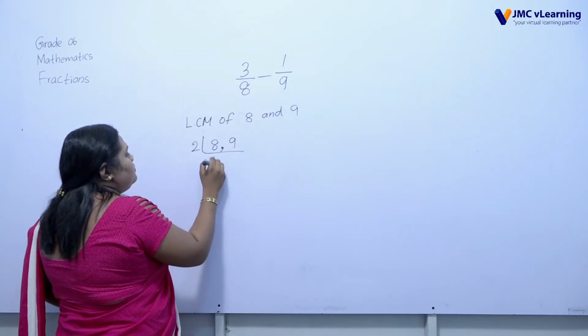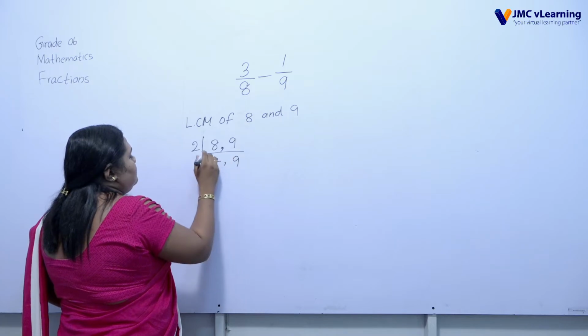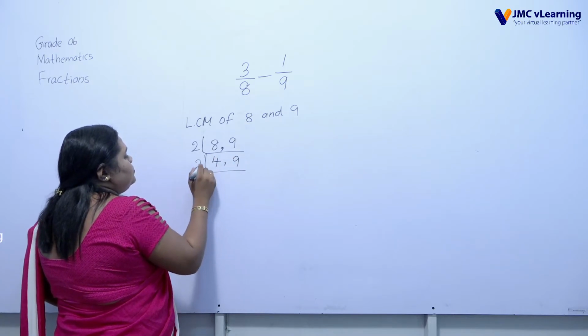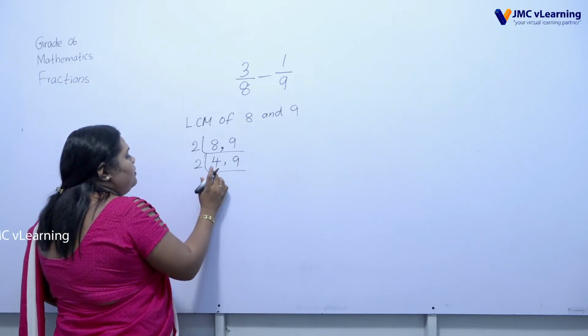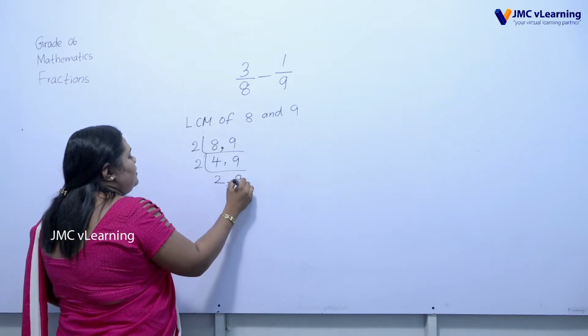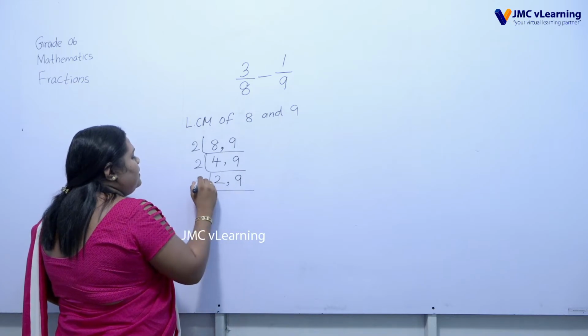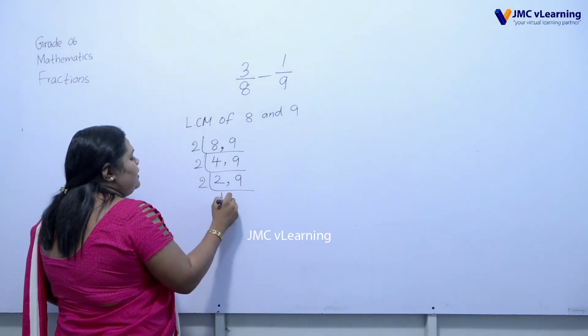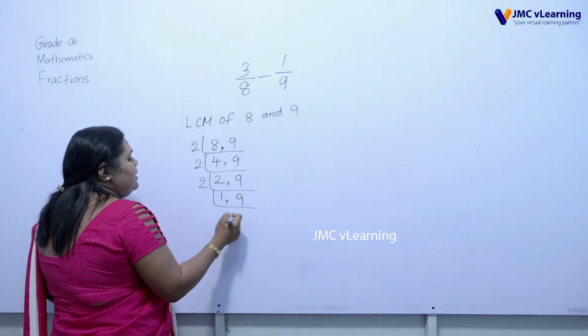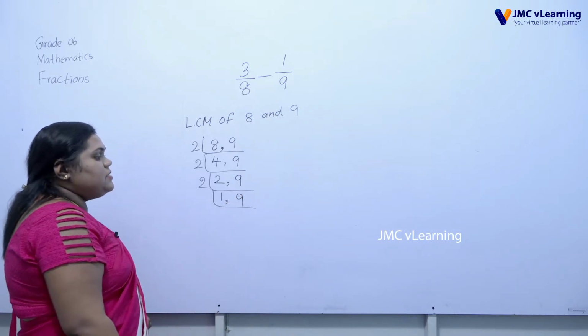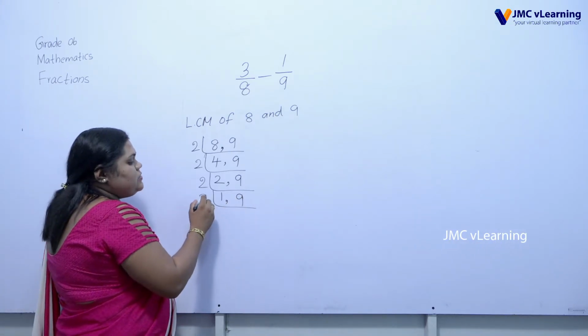Divide by 2. 4 and 9. Again you can divide by 2. How many 2's in 4? 2. 9, because we cannot divide 9 by 2, you have to put it down. Again we can divide 2 by 2. So 1, now 9. After that, what is the next prime factor? 3. We can use 3.